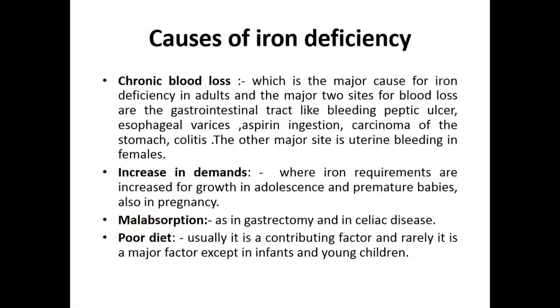So the decrease in the supply in the diet plus the increase in the demand due to the rapid growth in adolescence may contribute with each other to bring iron deficiency anemia. When is poor diet a major factor? When I have infants and young children. Here they are dependent on their supply, so if the amount of milk they take is small, surely the major cause for iron deficiency will be poor diet.